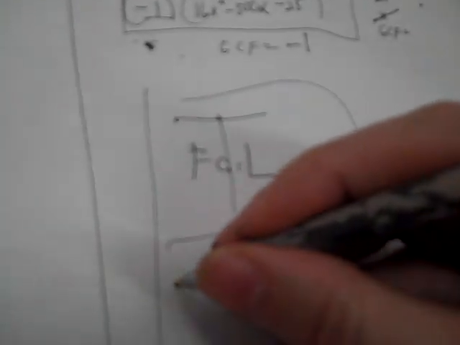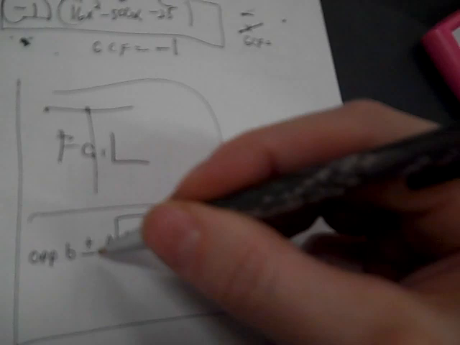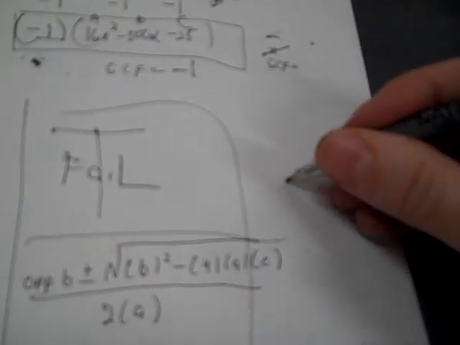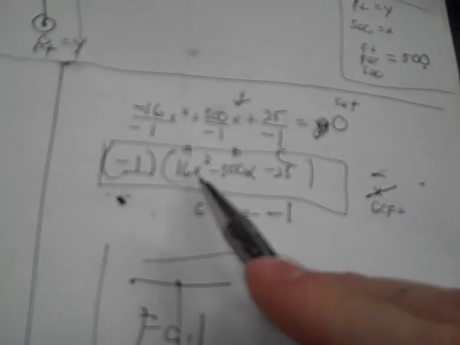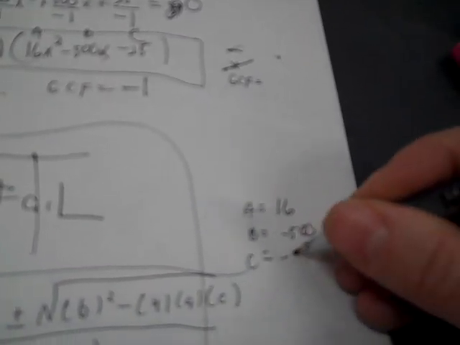Okay? So we use our quadratic formula. Opposite of b, plus or minus the square root of b squared minus 4ac, over 2a. Now, I need to know what a, b, and c are in this formula. So my a is 16, my b is negative 500, and my c is negative 25.